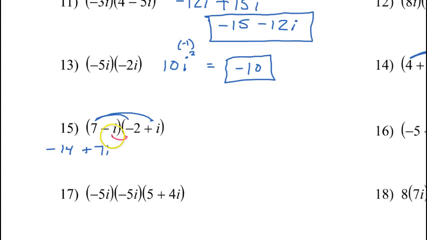And then if I distribute the negative i, that's going to give me positive 2i, and then minus i squared. Okay, so be careful because this i squared is negative 1. So this is minus negative 1, which is really plus 1.